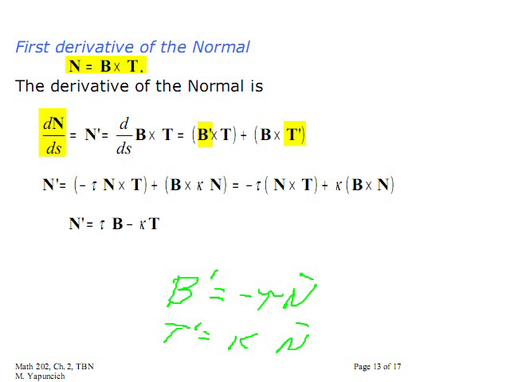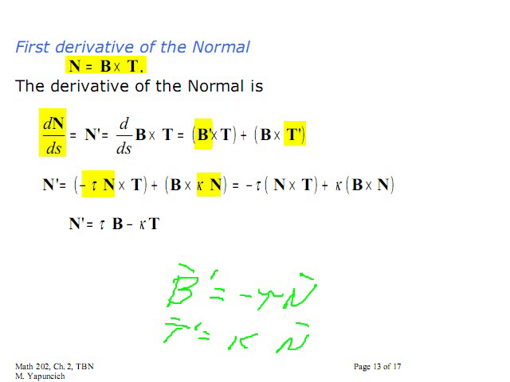These, of course, are vectors. Right. So substituting that, we have minus tau in here for the b prime and the kappa n for the t prime. Factoring out the curvature and the torsion, then we look at these cross products and we can simplify them again by using cross products.